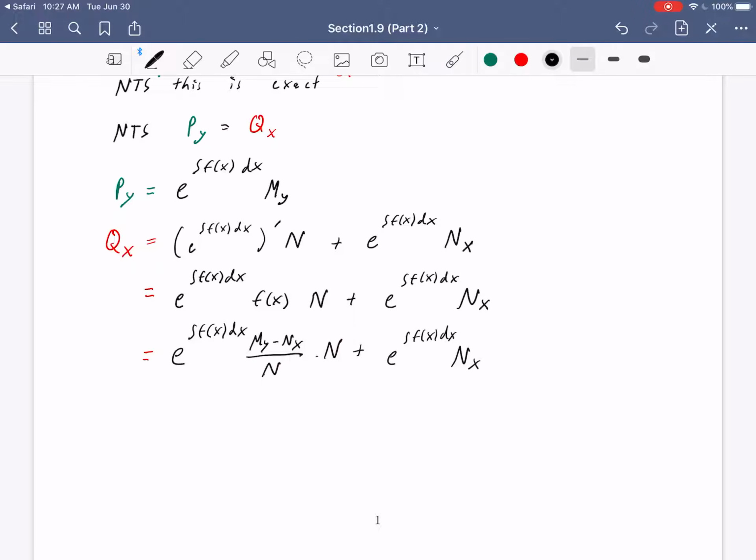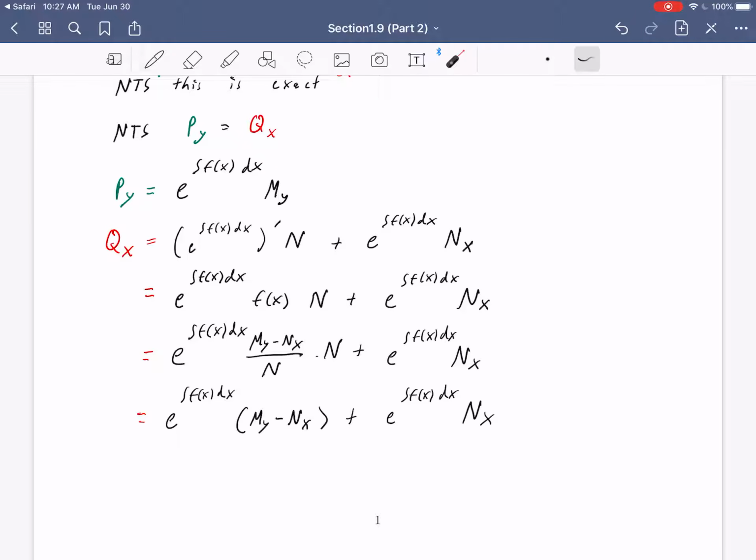We can cancel out those N's, so we get that this is equal to e^(integral f(x) dx) times (M_y minus N_x) plus e^(integral f(x) dx) N_x.